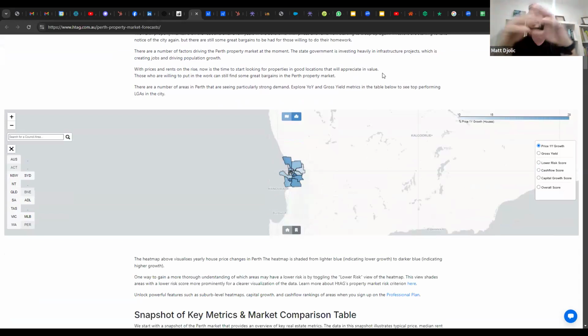And aggregating data at the LGA level or at the state level is dangerous because it doesn't paint a picture of what really happens at the point of purchase. We all purchase at the suburb level or even at the street level. This is where we make the purchase.